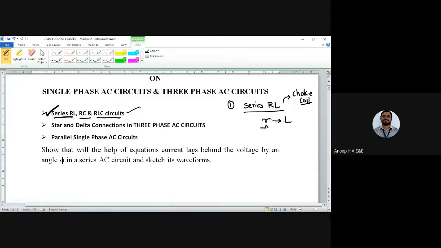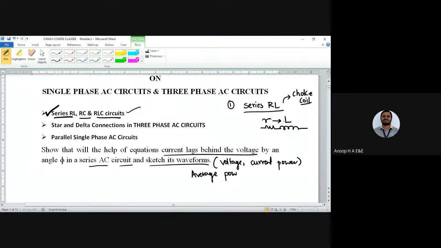We are going to analyze this circuit and show with the relevant equations that the current lags behind the voltage by an angle of phi in series AC circuits, and we are going to sketch the waveforms, that is the voltage, current, and also the power, and find out the average power.